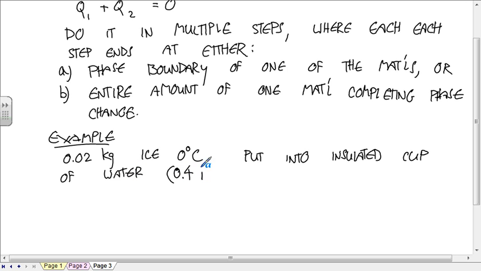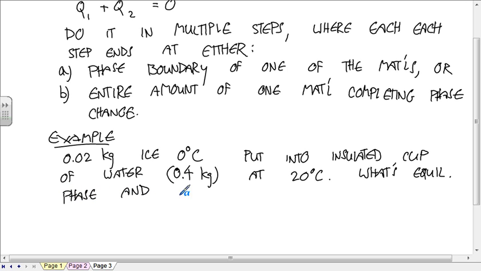Let's say we have 0.4 kilograms of it. That's initially, again, at 20 degrees Celsius. 20 degrees Celsius is about room temperature. That's why that keeps coming up. And the question is, what's the equilibrium phase and temperature?